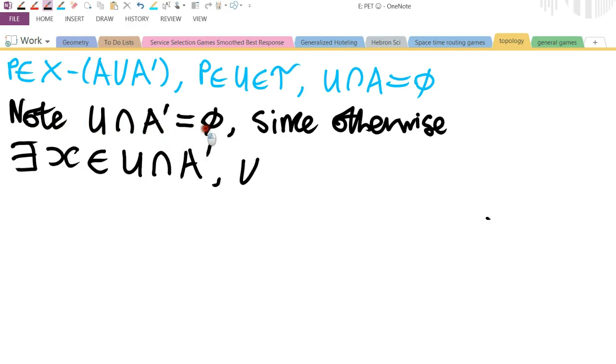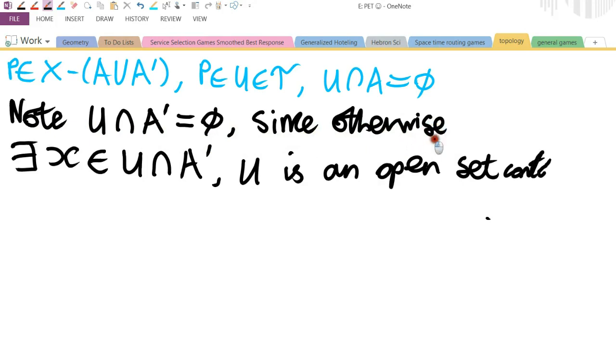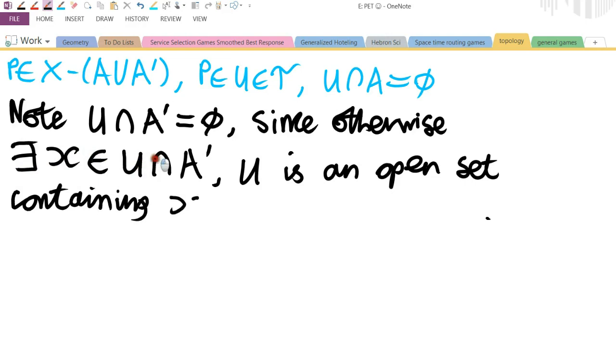And now U is an open set containing X, which does not intersect A.